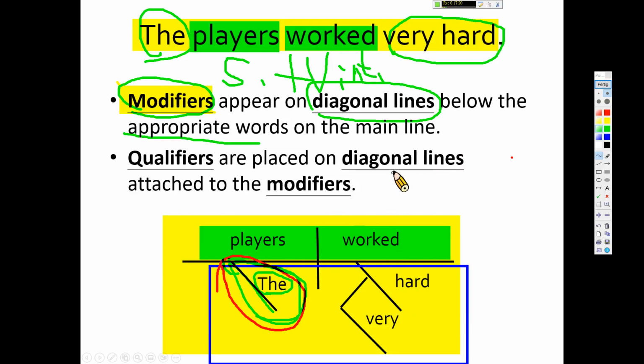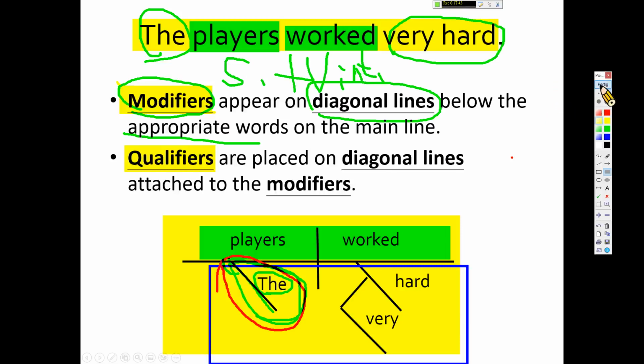So this is a modifier. And now another concept we call qualifier. In English, when we say qualifiers, it refers to the intensity. How much? Okay, for example, what's the example in this chart?